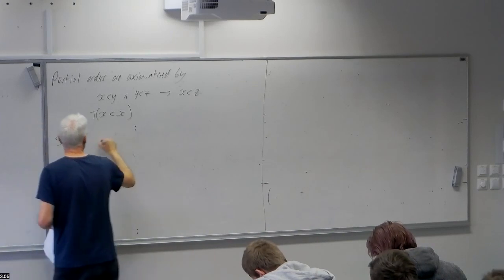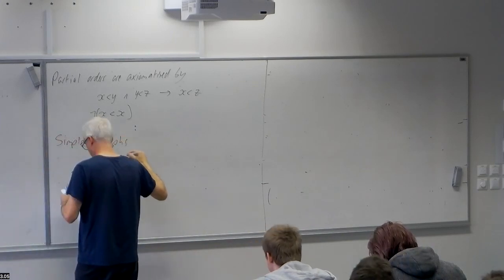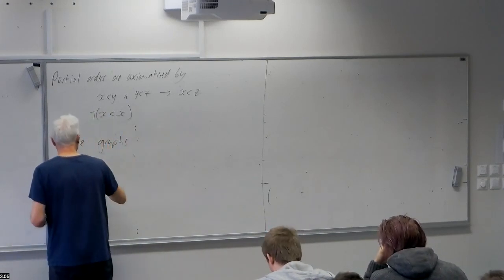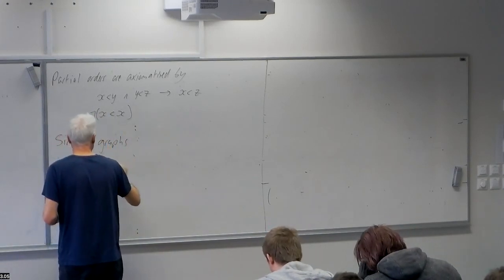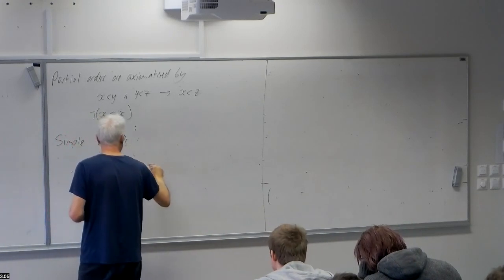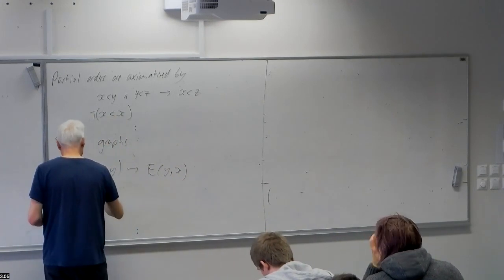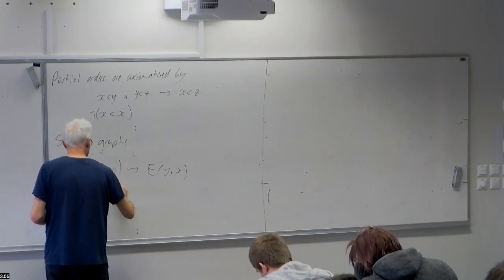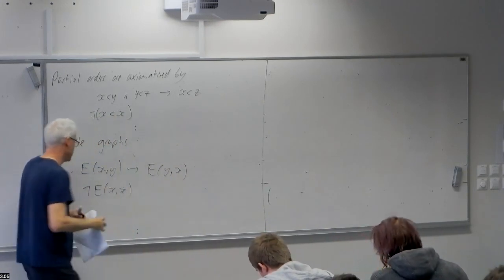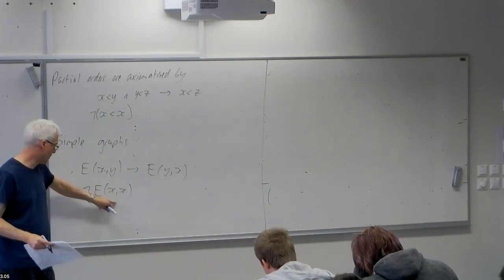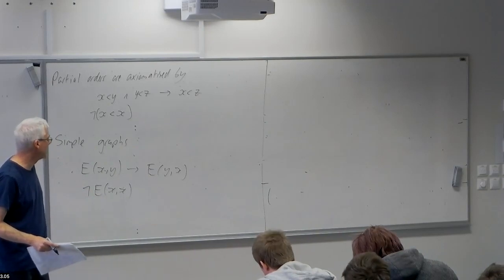And simple graphs are axiomatized by the edge relation being symmetric, and the other property I mentioned: there's no loop from any vertex to itself.